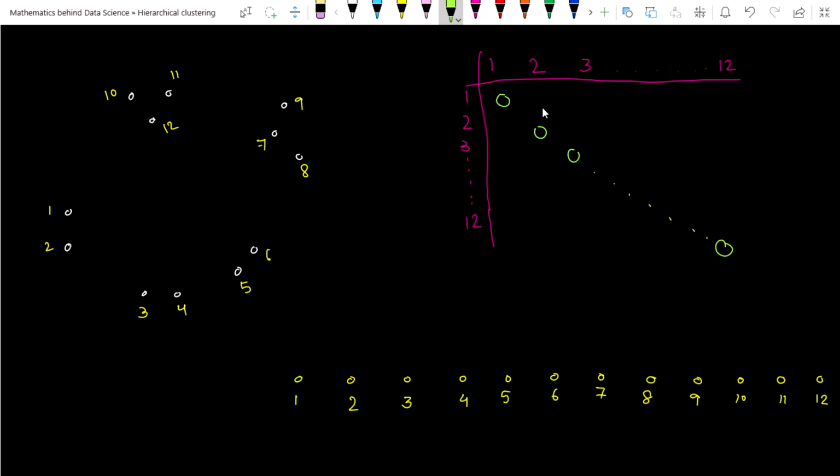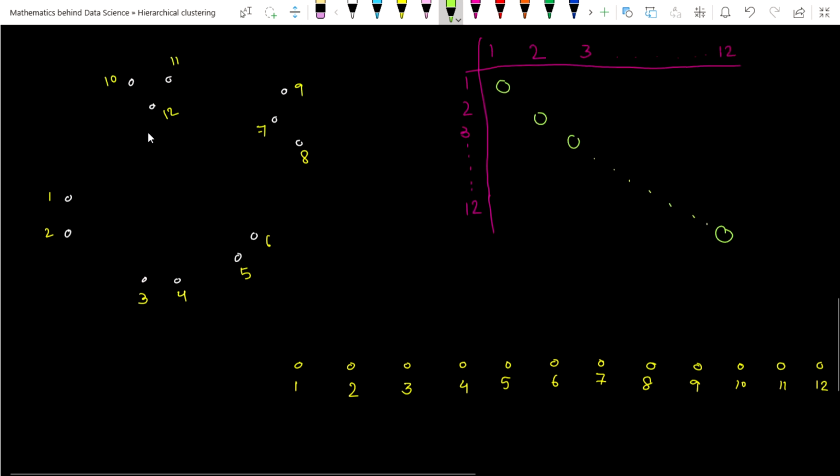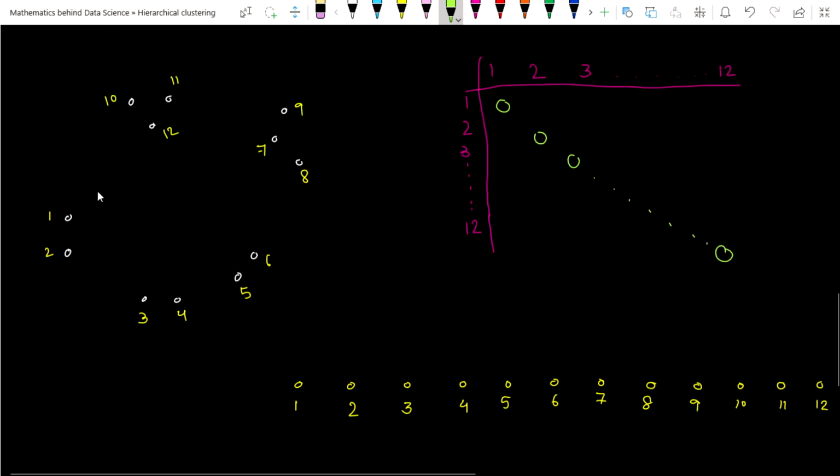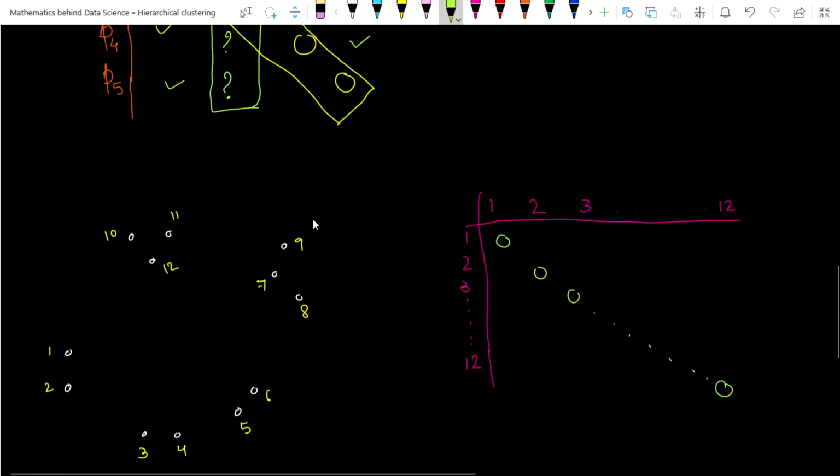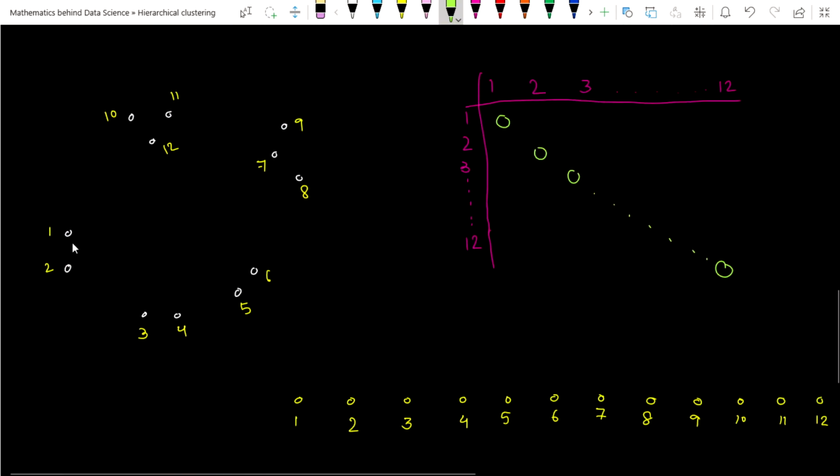The main question is, initially we will calculate the distance or similarity between each point. Initially it is not a matter. Suppose initially we calculate some distances for individual points, and based on the distances, using the mean value, we will find that this will make one cluster.